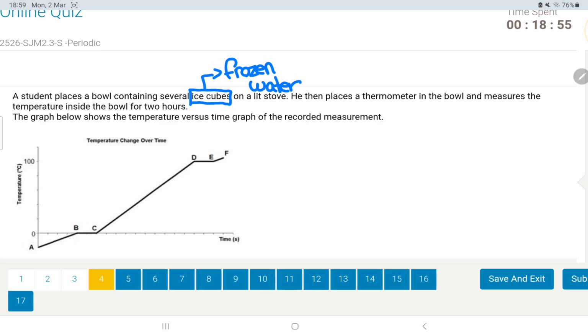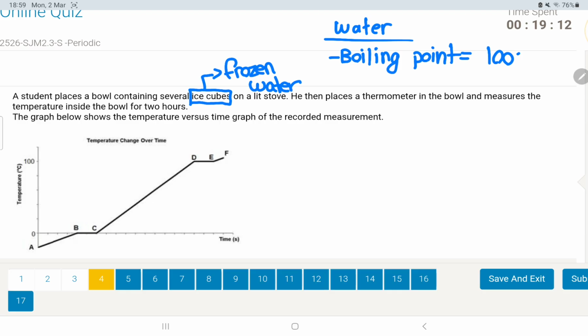So now let's see. What is the information we know about water? It boils. Boiling point, we know, is 100 degrees Celsius. And the melting and freezing points are 0 degrees Celsius.